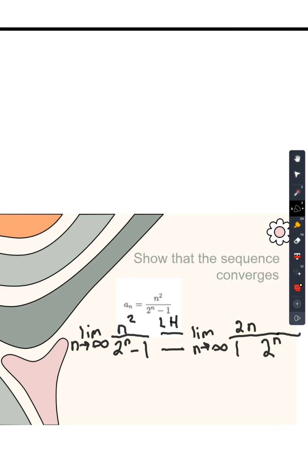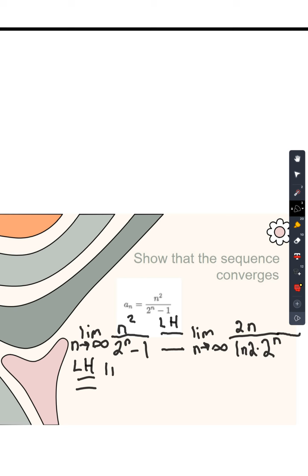But remember that we must also multiply by the natural log of whatever our base is. Okay, so again, thinking about what would I get if I could, quote unquote, plug in infinity. Well, notice 2 times infinity is still just infinity. I still have a 2 to the infinity on bottom, which is also still infinity. So we're actually going to apply L'Hopital's again.